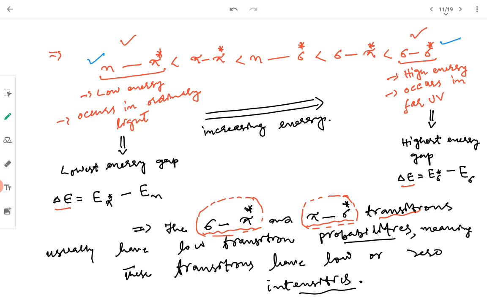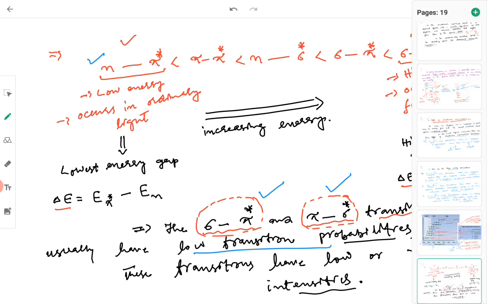And out of these five transitions, sigma to pi star and pi to sigma star transitions have low transition probability. The probability of these transitions is very low, meaning these transitions have either low or zero intensity.